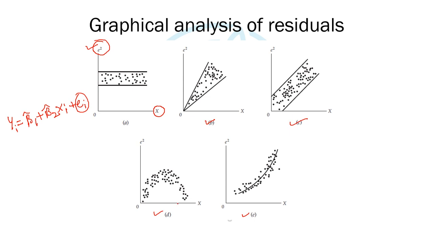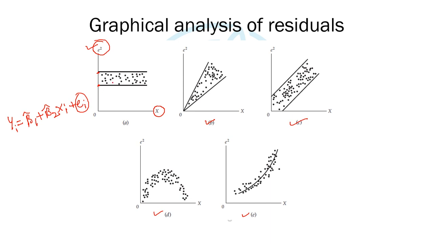This is almost like a parabola, and this is like an upward sloping line. Almost the same pattern is being observed here. And in this case we can see there is no pattern. What is really happening is that the error square is lying between two bounds, you can think of this as some kind of a confidence interval.